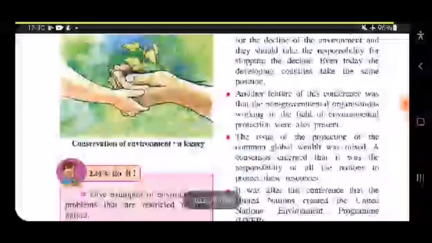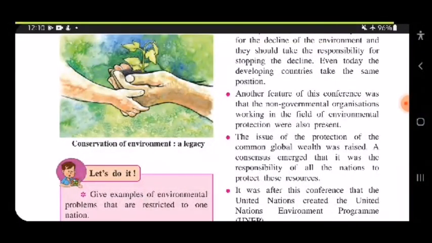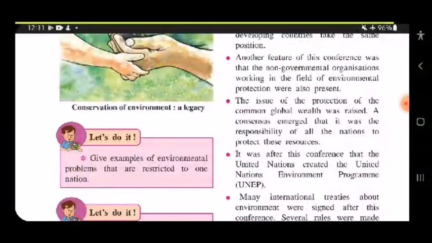Another feature of this conference was that the non-government organizations working in the field of environmental protection were also present in that conference. The issue of the protection of the common global wealth was raised. A consensus emerged: it was the responsibility of all nations to protect these resources.